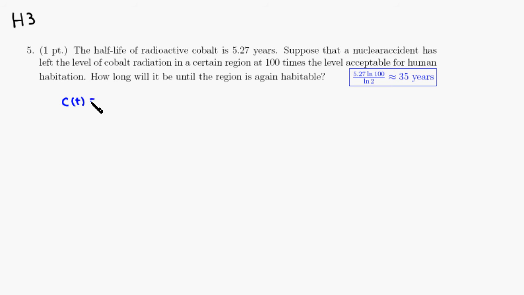C of T is going to be whatever the initial value, which is C0, then we have e to the negative kt.